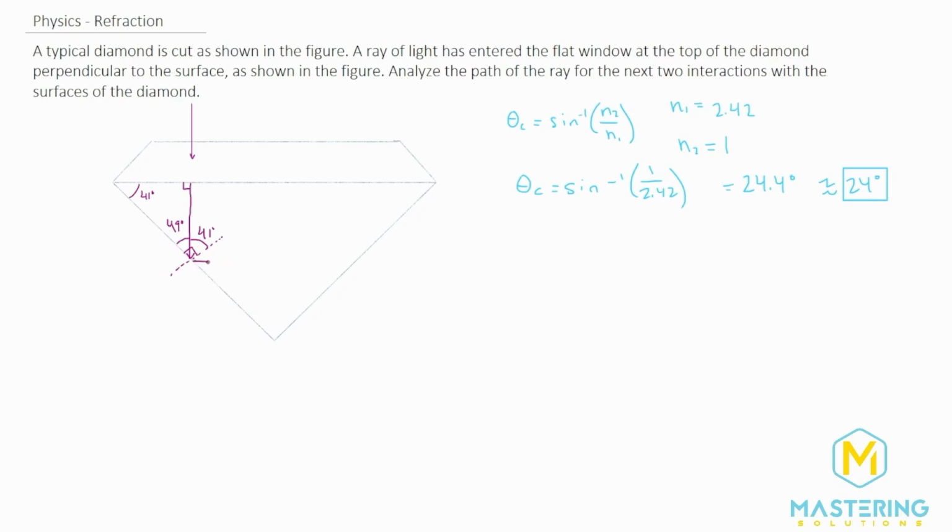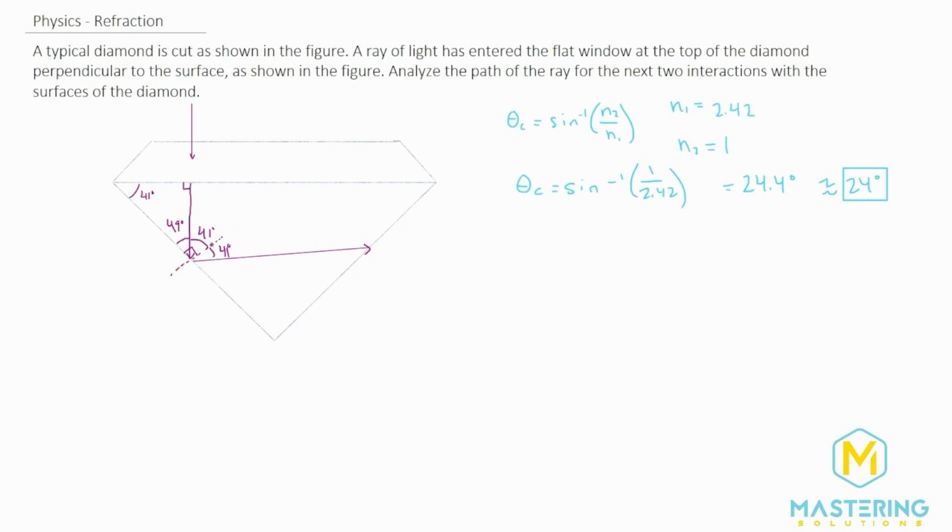And so we'll try to get it as close as we can. It's not exact, but this is also going to be 41 degrees, because the law of reflection says that the angle of incidence is equal to the angle of reflection. And so both of these angles here will be the same. So now we need to figure out this one.